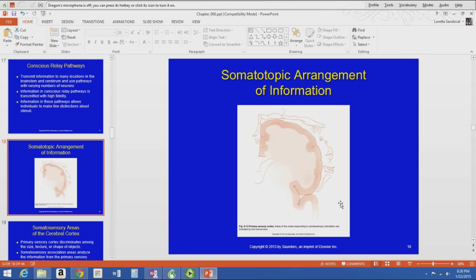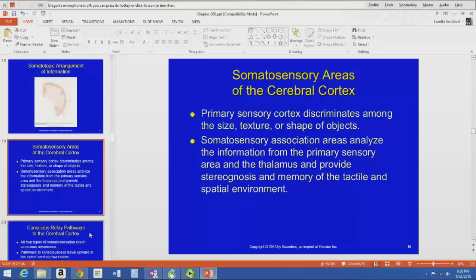But it's just a representation of how the areas of the body are represented in the cerebral cortex, in that primary sensory cortex, which we'll talk a lot more about the arrangement of the cerebral cortex later in the course. Okay, so the primary sensory cortex is part of the cerebrum which discriminates among the size, texture, and shape of objects.